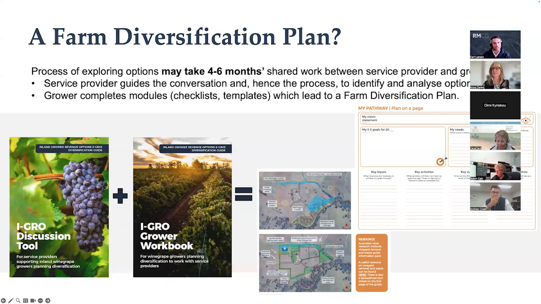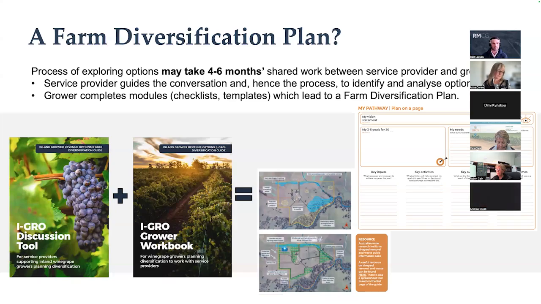So the end product, the farm diversification plan that I mentioned before, we know diversification takes time, and you as service providers play a really important role in that journey. So the service provider, be that an extension professional, a rural financial counsellor, an accountant, or someone else that the grower really trusts and is in that inner circle, guides the grower through a conversation and a process, and really helps to both identify and analyze multiple options rather than leading with the option from the get-go.